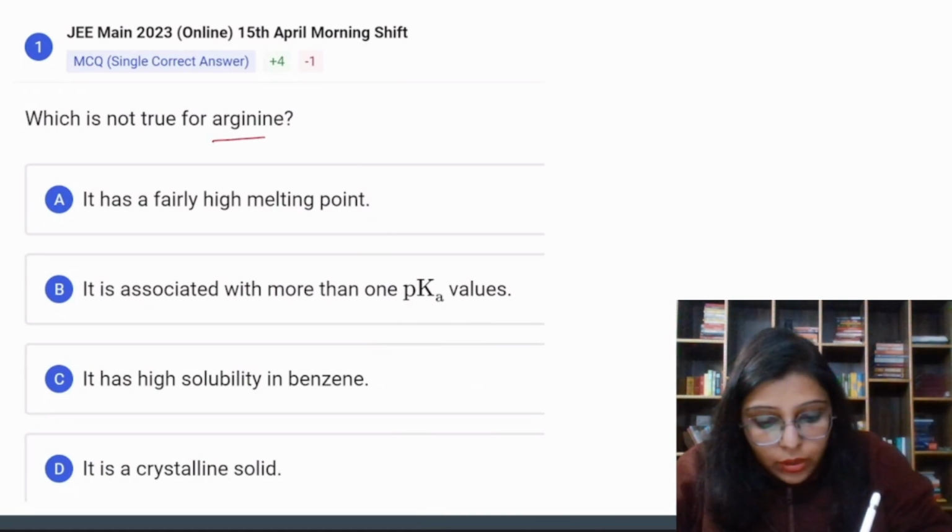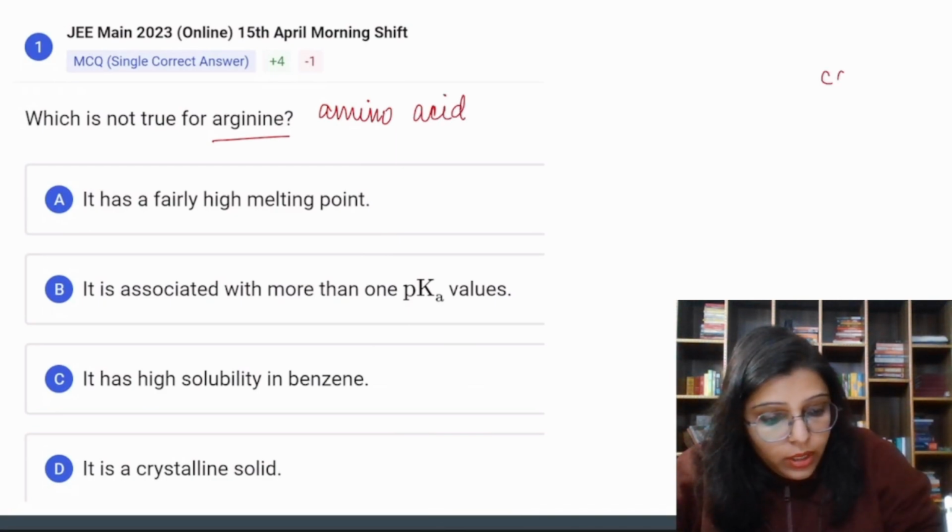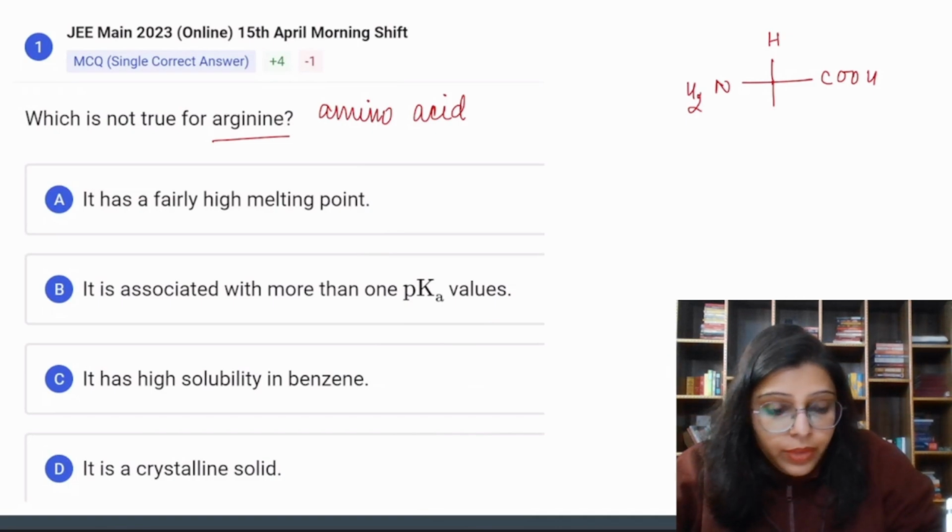Okay. So arginine is the amino acid, and if I'm going to write down the structure of amino acid, here I'm going to put COOH, then NH2, here hydrogen. Now here we have R group, right? Some R group, and that R group is going to be which one?